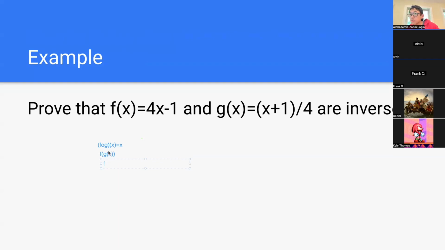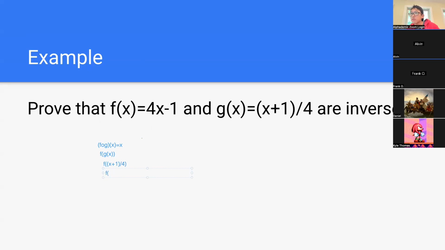So we just plug that in and then we get f of (x plus 1) over 4. And then finally, you would plug (x plus 1) divided by 4 into the function f of x.